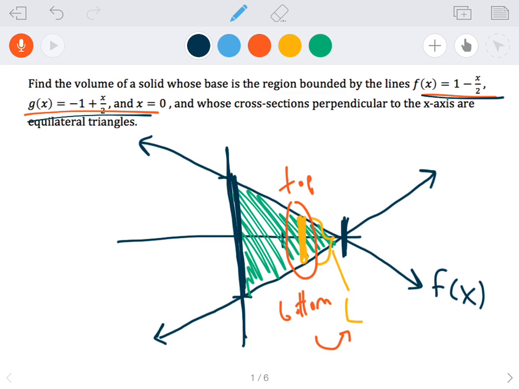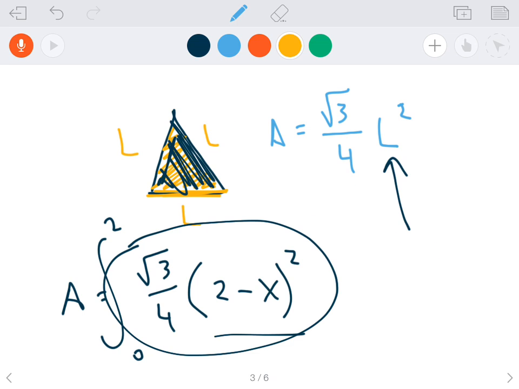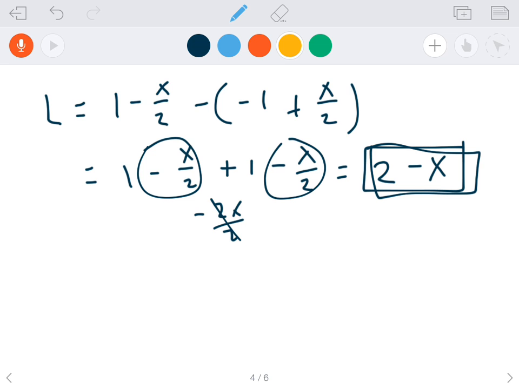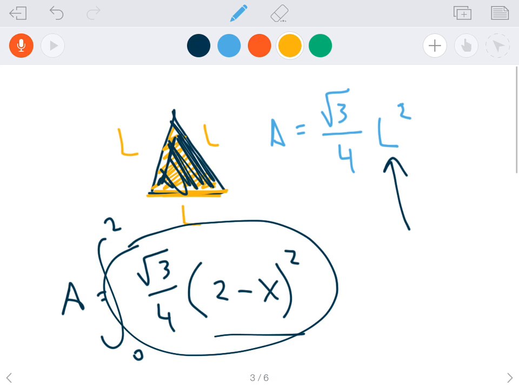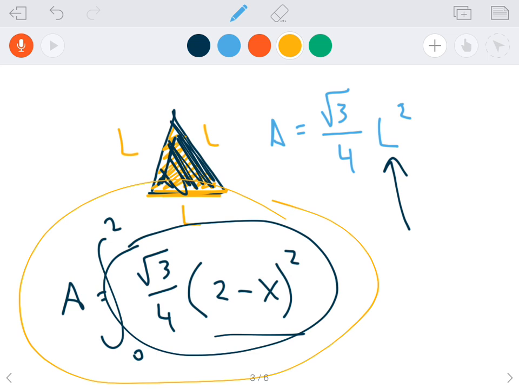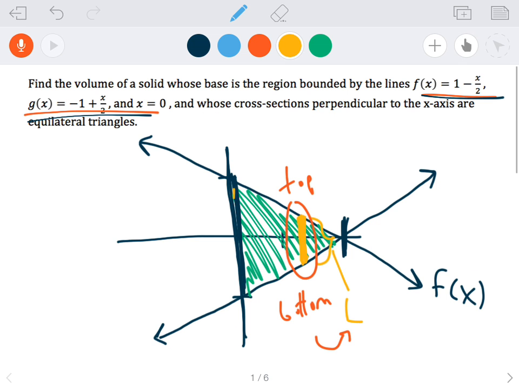The next step is to draw that cross-section, label its length L, and then to write L in terms of the function. Figure out the area of your cross-section in terms of L, and then plug in your function for L, and then integrate from the left to the right of whatever your base was.